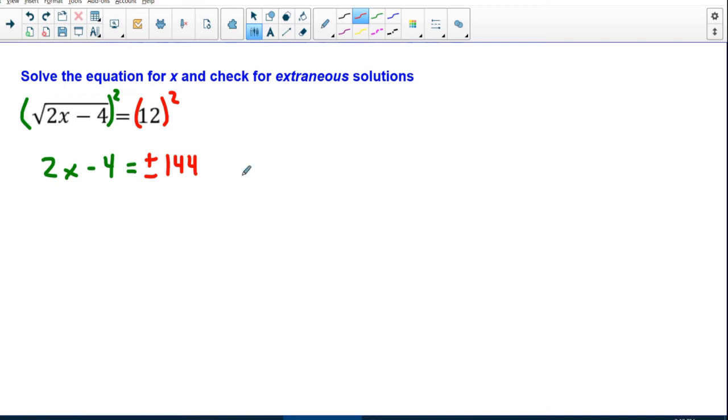And the reason for that is if I do negative 12 and I square that, I end up with 144, right? Negative times a negative is a positive. But also if I square a positive 12, I still get 144. So either of these could give me 144. I kind of have two answers that I'm getting here.